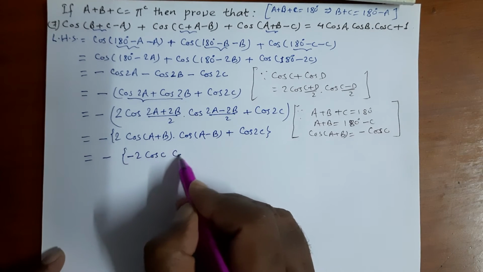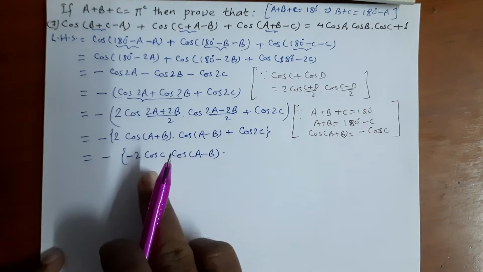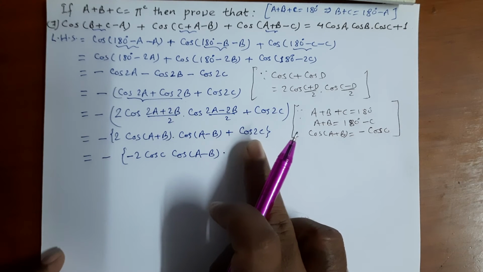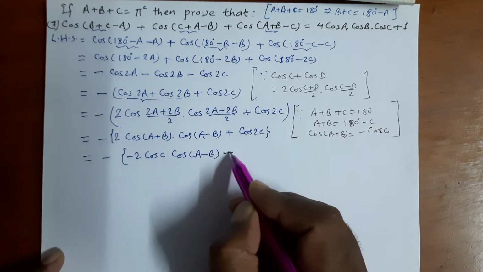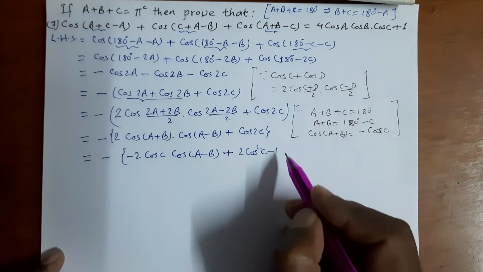and here cos(a minus b). To take out cos c common, we will change this also in terms of cos c. The cos 2c formula is 2 cos square c minus 1.